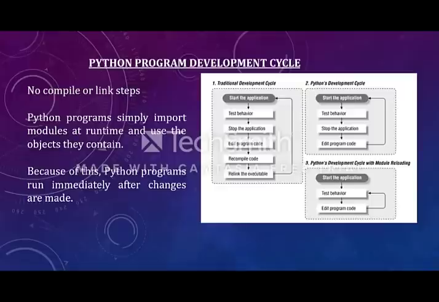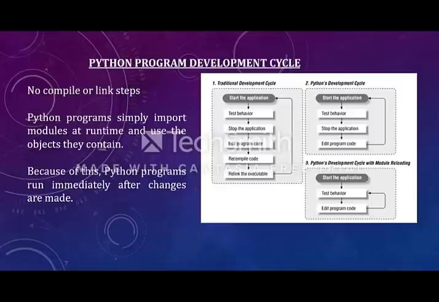So that's what he has given. The Python development lifecycle works like this: we start the application, then test for the behavior, stop the application. If you want to edit the program code, then we can edit the program. Then again, simply start. No need to recompile and relink, as in the traditional development cycle, where there are two more steps.